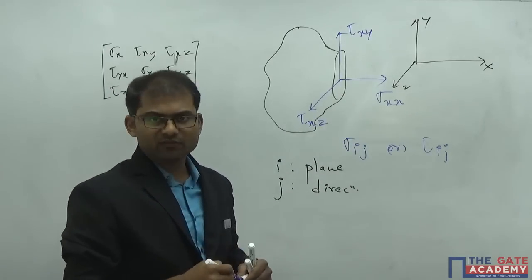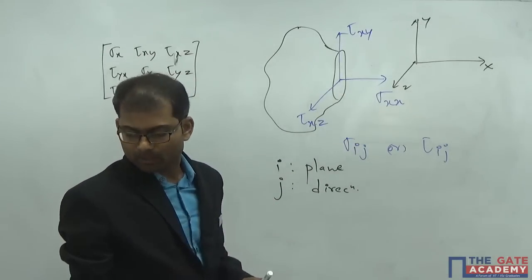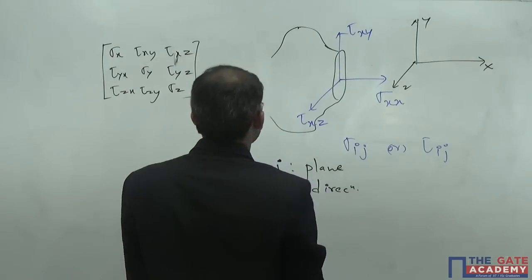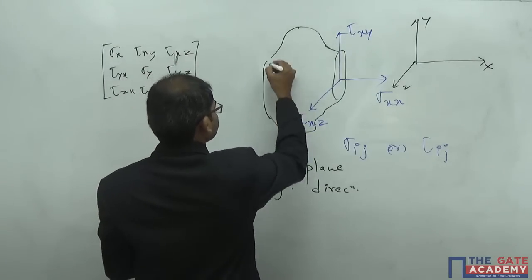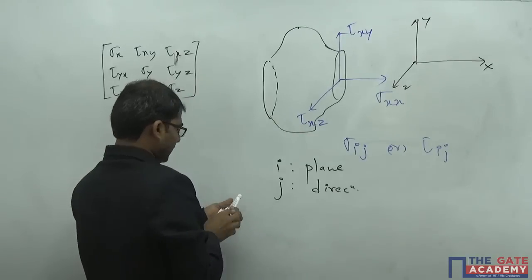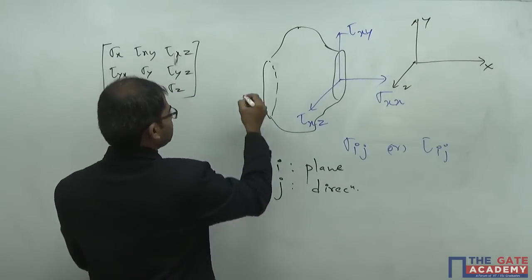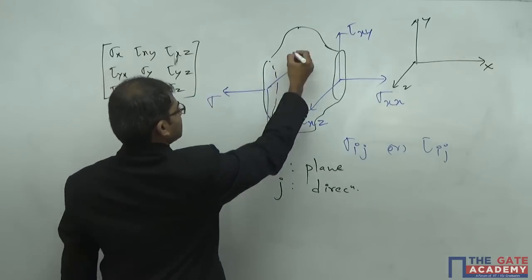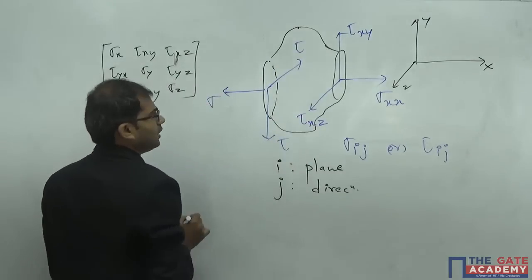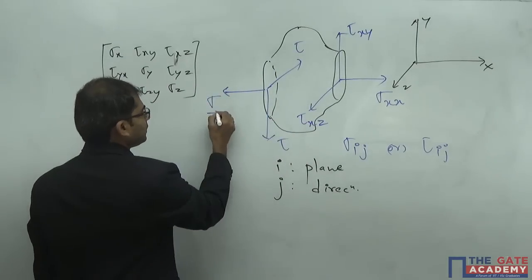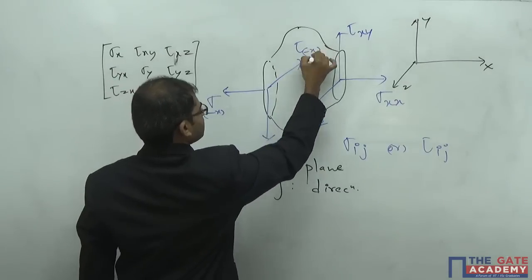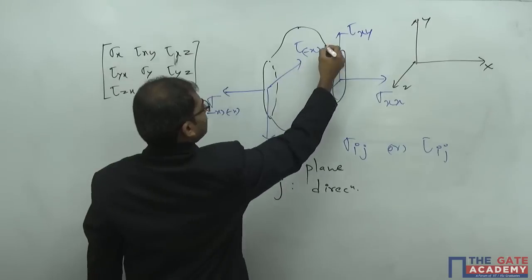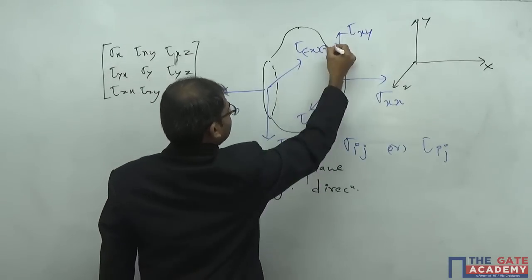Now in the same way, if you slice off using the negative x plane, we'll have a sliced plane which will be exposed from the back here. So here we'll get the stress components in these directions. So this is a normal stress, shear stress, shear stress. All three are lying on the negative x plane. Now the directions are negative x, negative y, negative z.